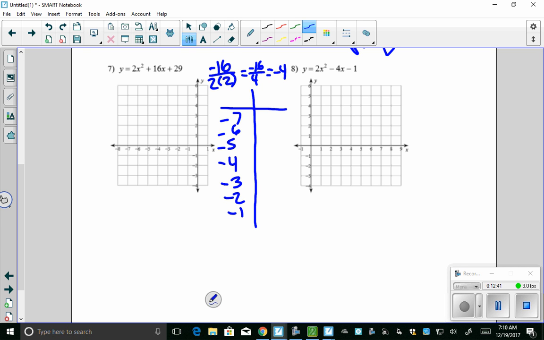I got negative 3. Do the same thing for negative 5, and you get negative 1. Do the same thing for negative 6, and you get 5. Do the same thing for negative 7, and you get 15.